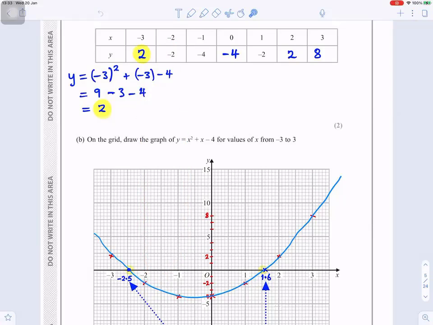Minus 1, minus 4, they meet there. 0, minus 4 is this one. 1, minus 2 is this one here. 2, 2 is this one, and 3, 8 is that one. So you plot all those points and you join them. You turn your page around so you can join them with a smooth curve.